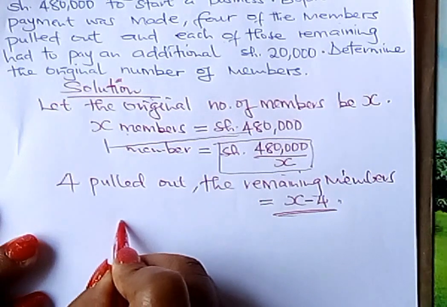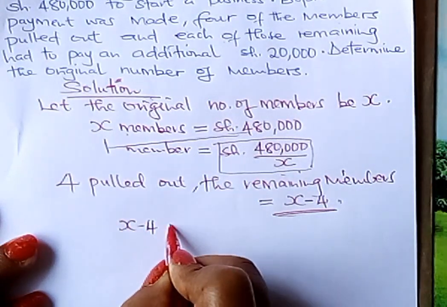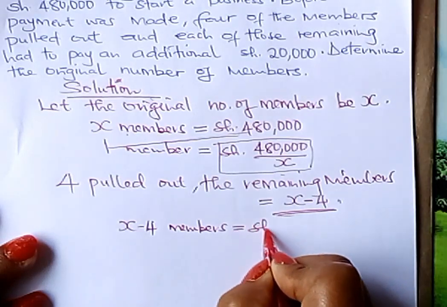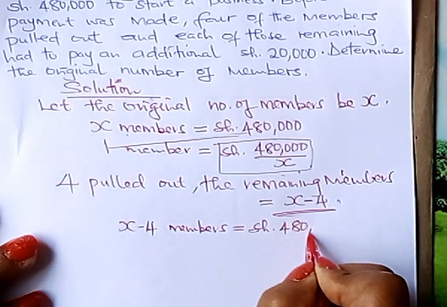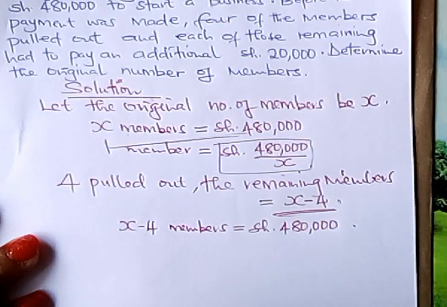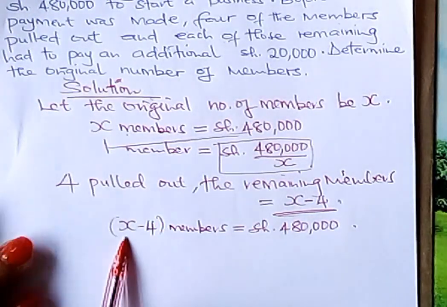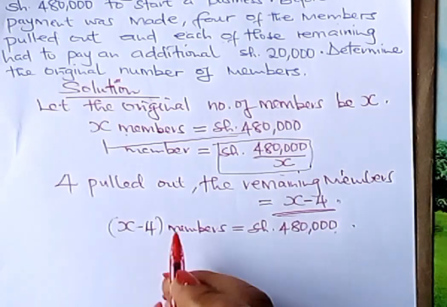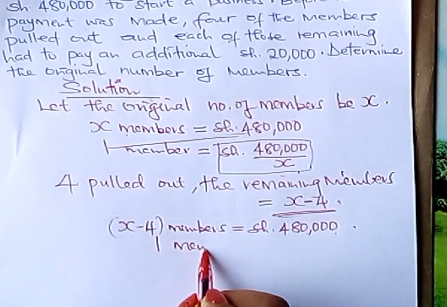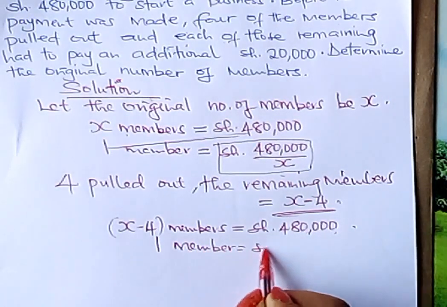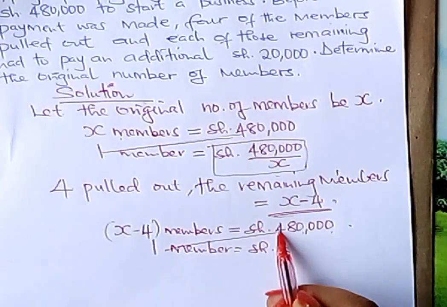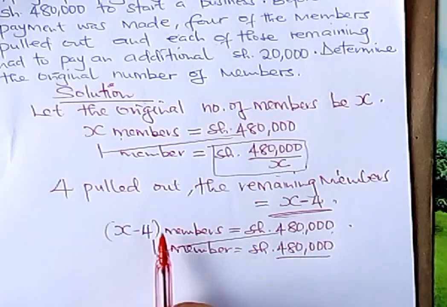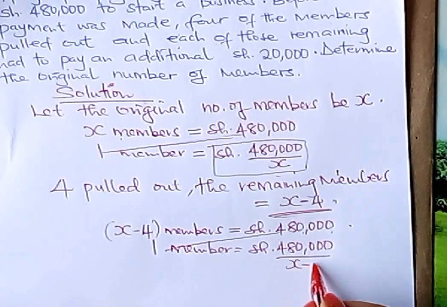Therefore, x minus 4 members now are to contribute the same amount of shillings, 480,000. The few members left behind are to contribute the same amount. Therefore, one member would contribute how many shillings? Cross multiply and divide by the number of members.